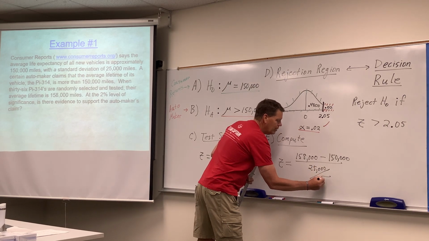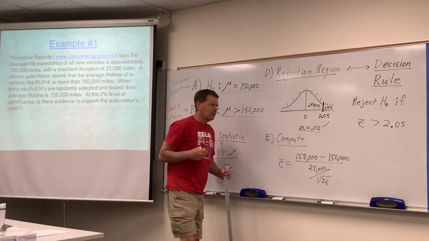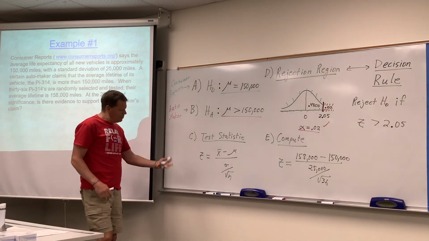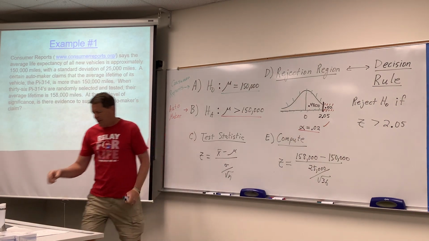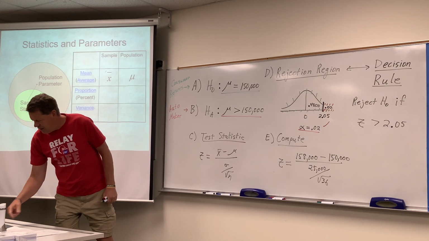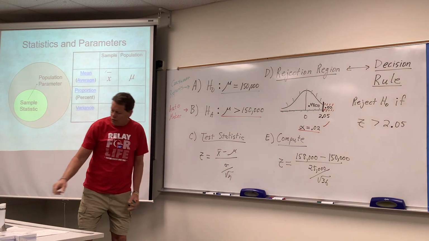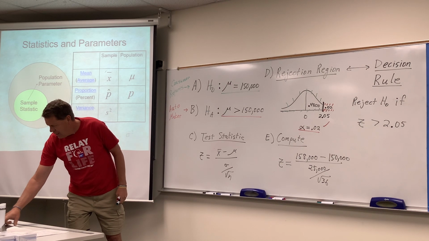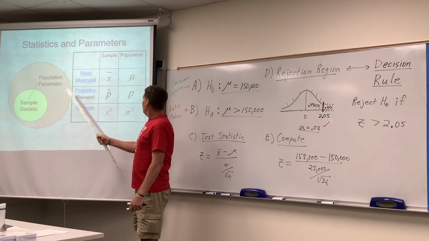And n would be the fact that they sampled 36 cars, wouldn't it? Okay, sample size. So all those symbols we've mentioned many times. Again, if you see a formula like that, you get confused, just go back to this chart that we've had up here ever since the very first day of class and look for these different symbols and plug them in.